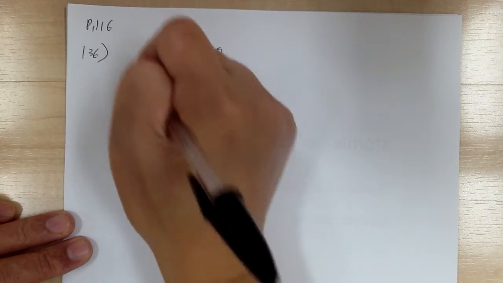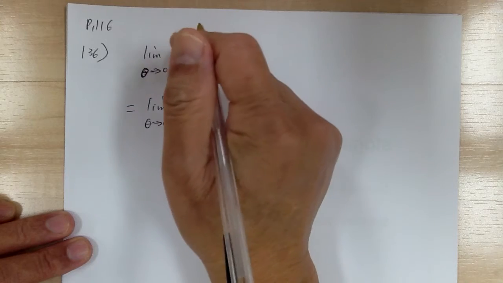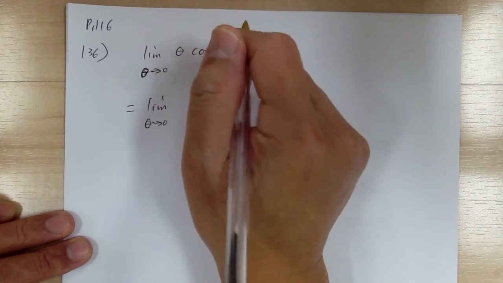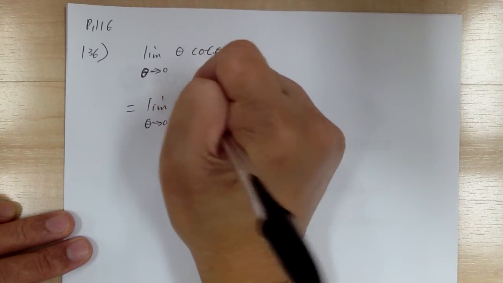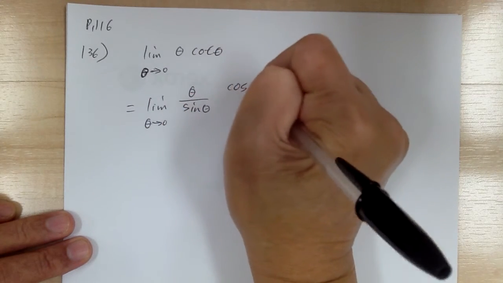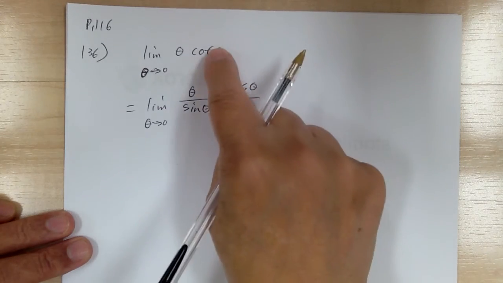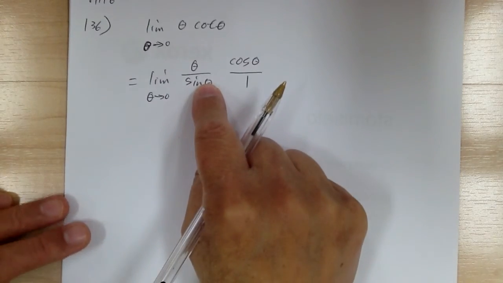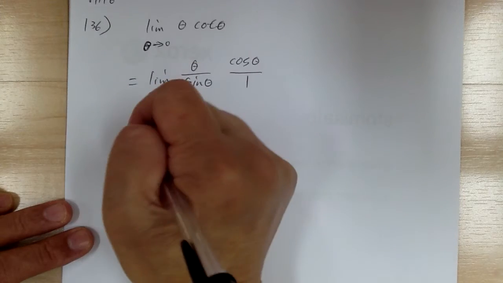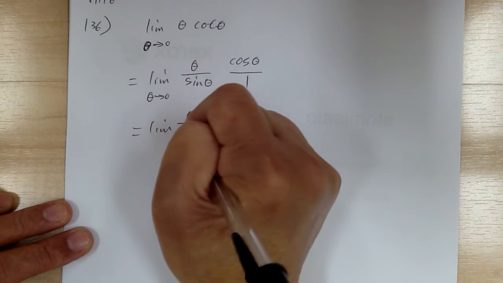So this will equal the limit as theta approaches 0. Cotangent is cosine over sine, so we're going to do this. Right, cotangent is cosine over sine. And so we can break these things up and do each one individually.